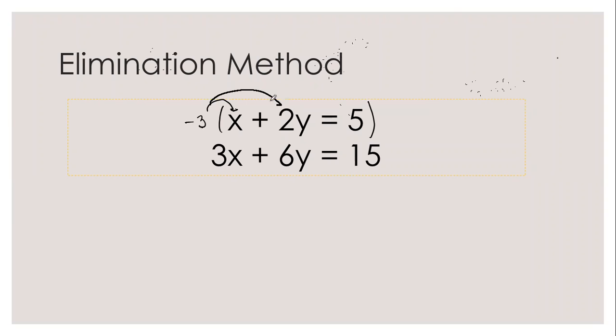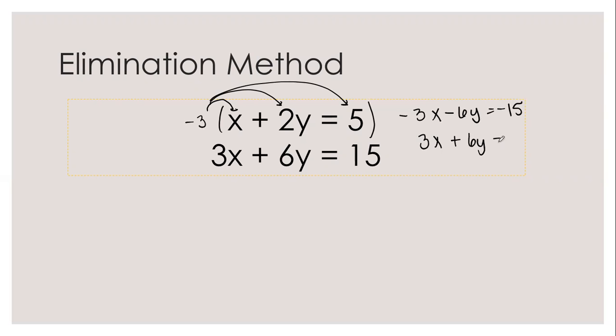So when I distribute this negative 3, that gives me negative 3x minus 6y equals negative 15. And you're going to notice something in a minute. They cancel.